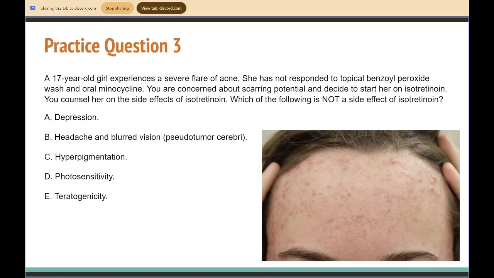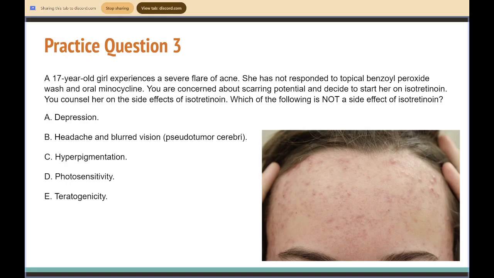All right, very good. So the correct answer is going to be C. Hyperpigmentation is not a side effect. However, we know choice E is. Choice D, photosensitivity, is also a side effect, and headache and blurred vision can also be a side effect, as well as pseudotumor cerebri, and then depression as well.